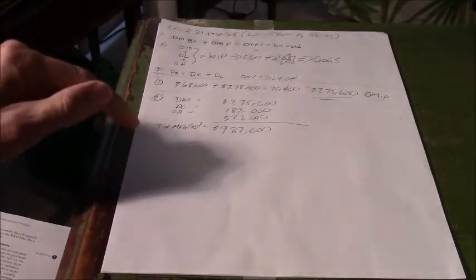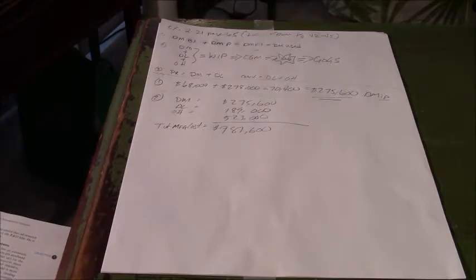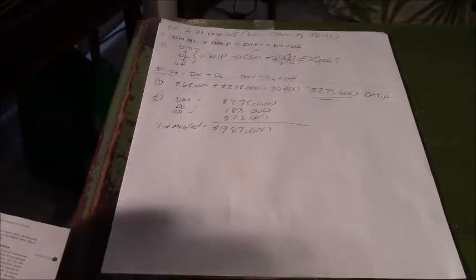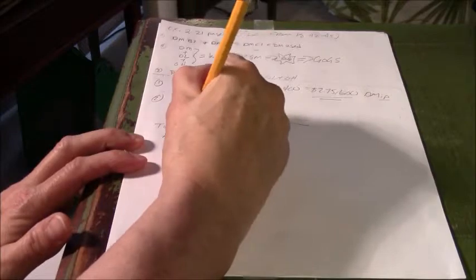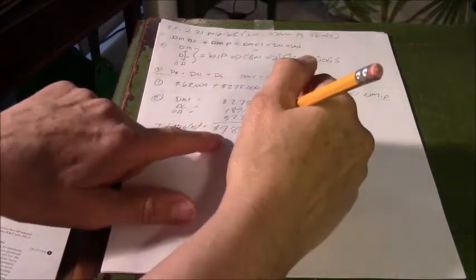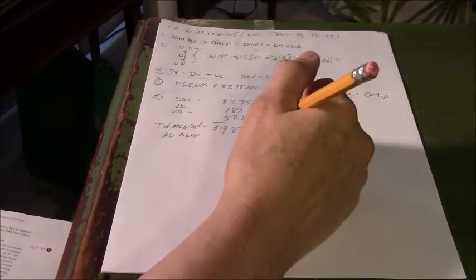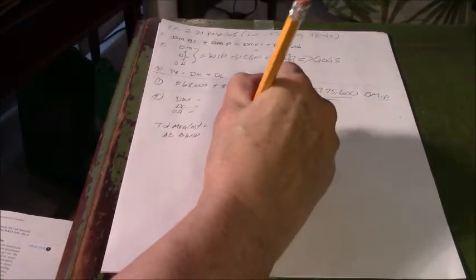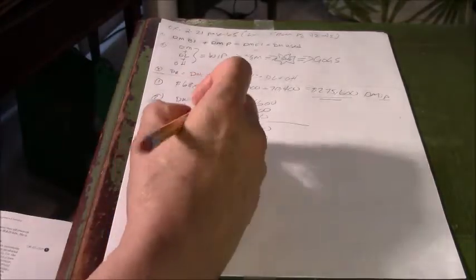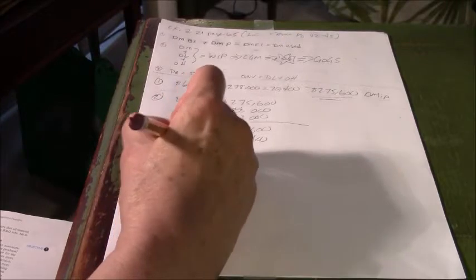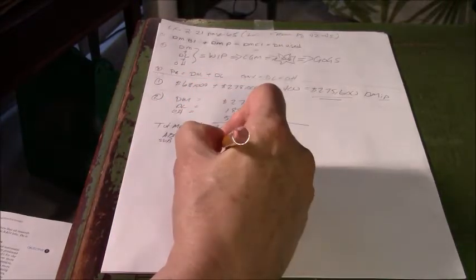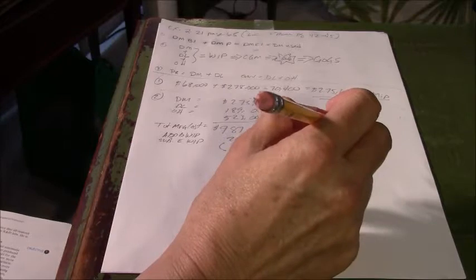But we did start with some work in process, and there is some work in process at the end. So we have to add in beginning work in process, which they told us was 29,400. And we have to subtract ending work in process, which they tell us is 40,000.